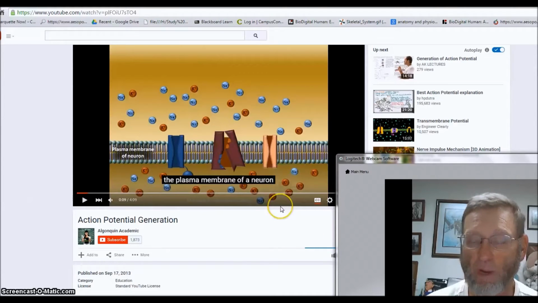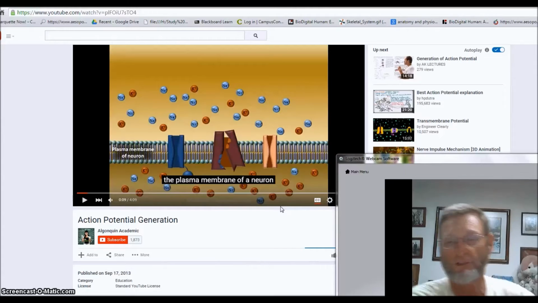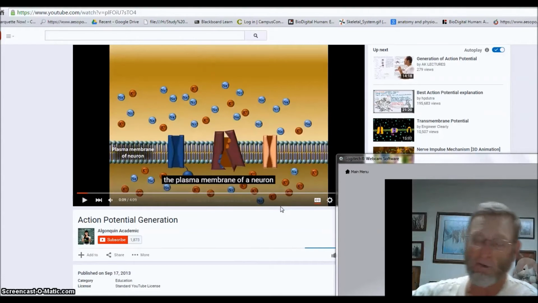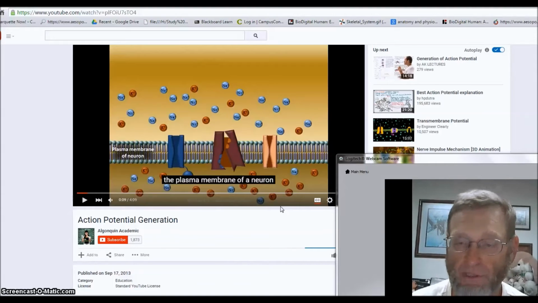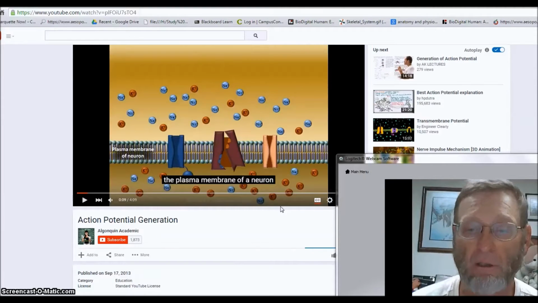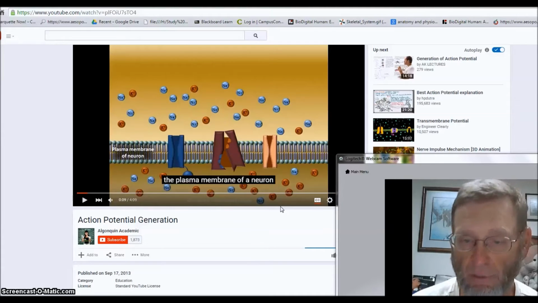Think of it as like the wave they do in a football stadium where everybody does this, a wave, and it goes like a wave around the stadium. It's a wave of depolarization. It is not an electric current. But so often, and almost completely, all the time, the textbooks represent that as an electric current.